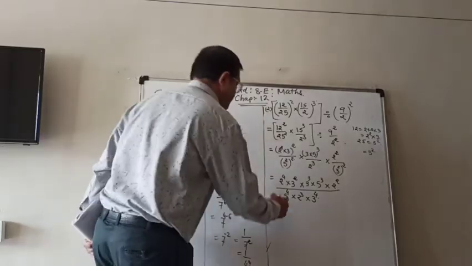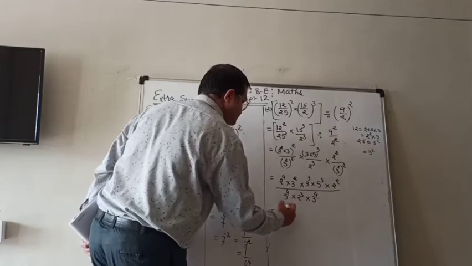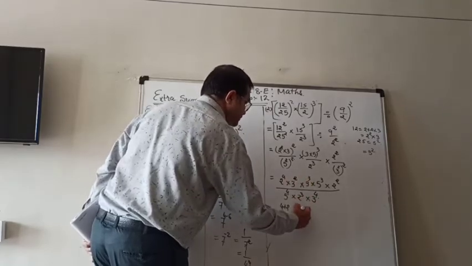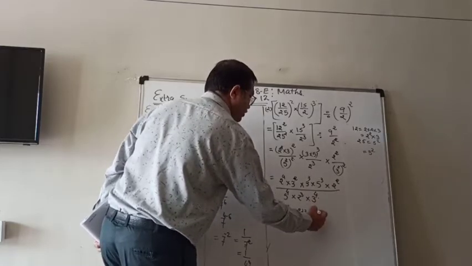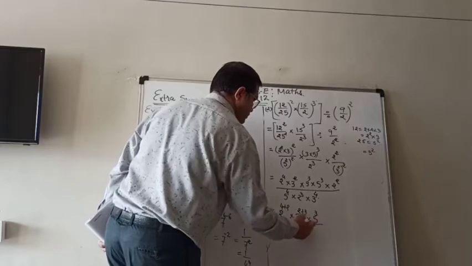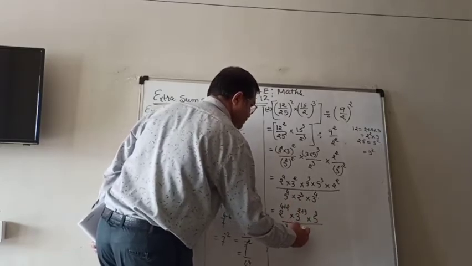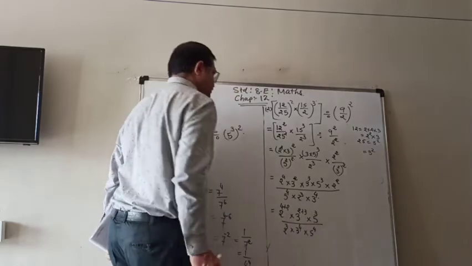So now on the top, 2 raised to 4 plus 2, 3 raised to 2 plus 3, 5 raised to 3 alone. Down, first we will write 2 cubed, 3 to the fourth, 5 raised to 4.